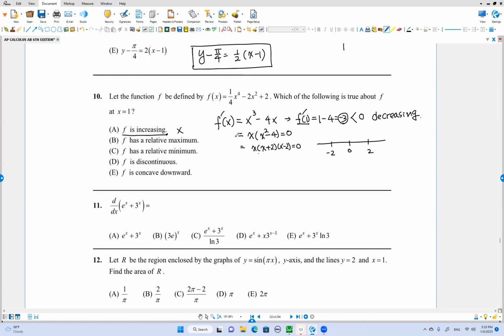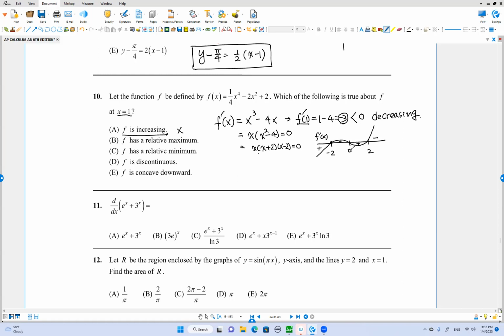When you make a graph of f prime x, the graph looks like this way. It goes increasing, decreasing, increasing, decreasing. It has a relative maximum at x equals 2, right? Not x equals 1.